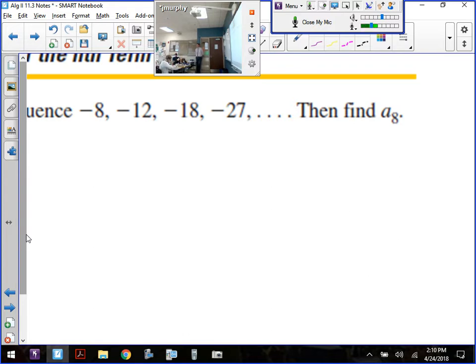Remember, the easiest way to do that is second divided by first, third divided by second, fourth divided by third, and so on. What do these all simplify to be? 3/2. So your rate is 3/2. Your first term is -8.